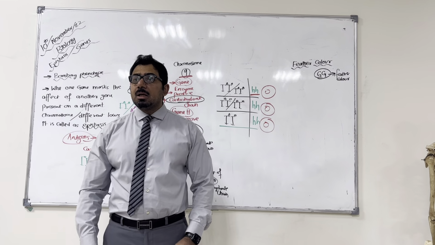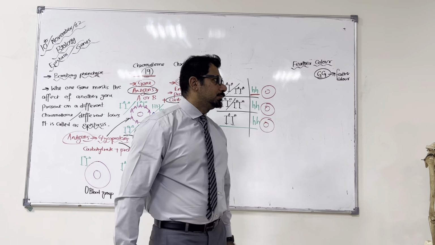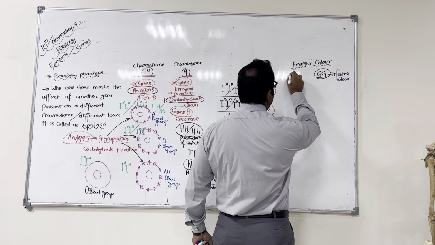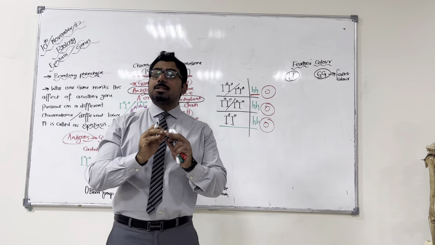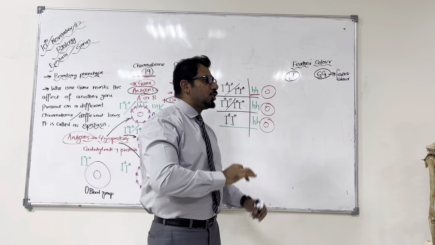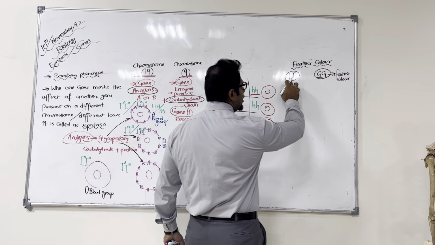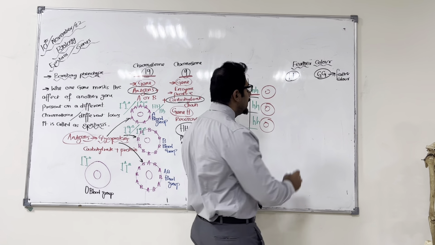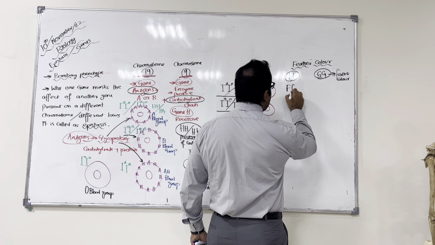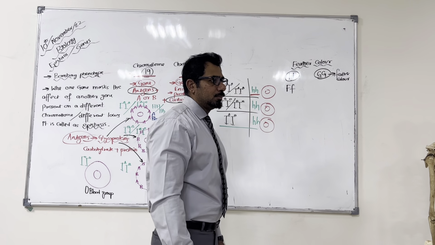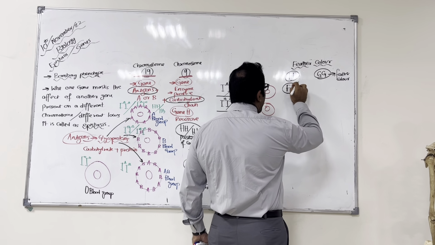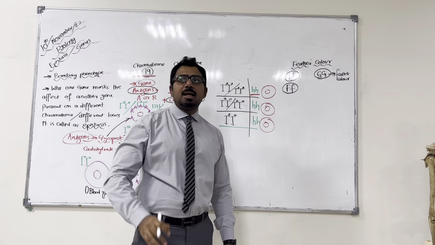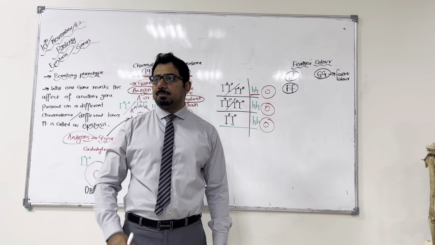But there is another gene, F. Now, if this gene is present in dominant condition, meaning capital F, capital F, or capital F, small f, then the color will not appear.